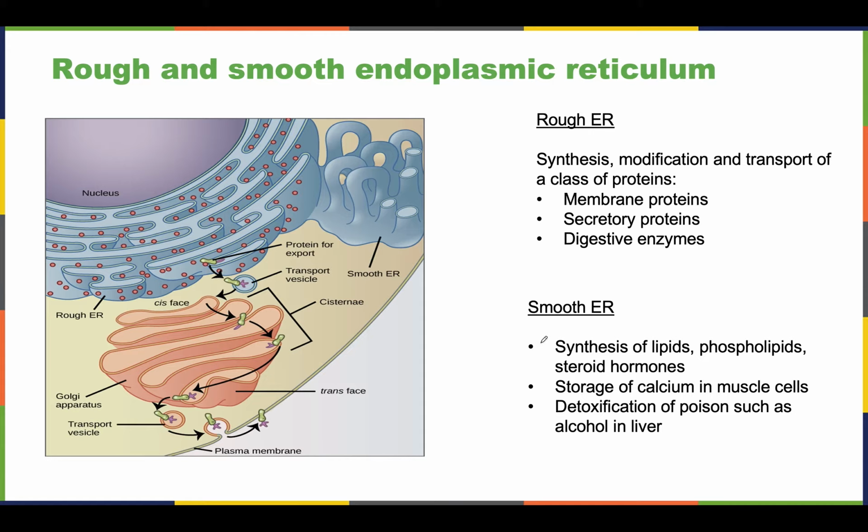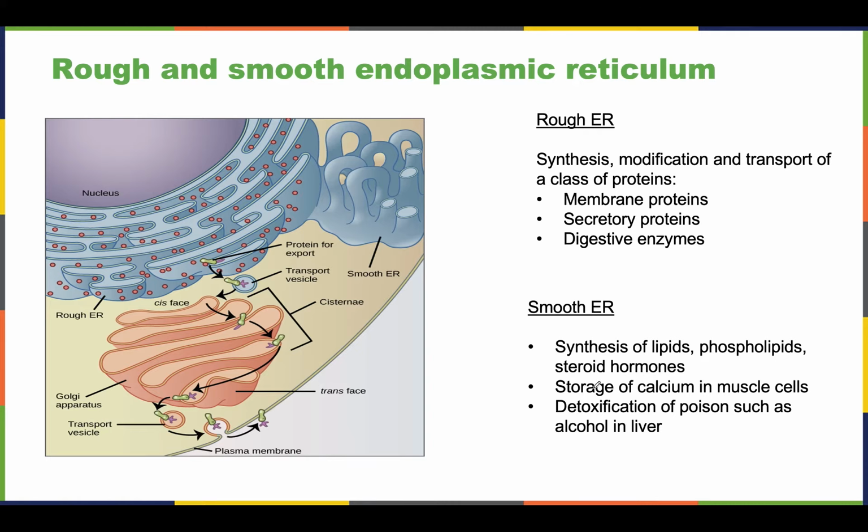So in most cells, smooth ER is involved in synthesis of lipids and phospholipids that make the membranes, and also in hormone producing cells, it's involved in production of steroid hormones from cholesterol.